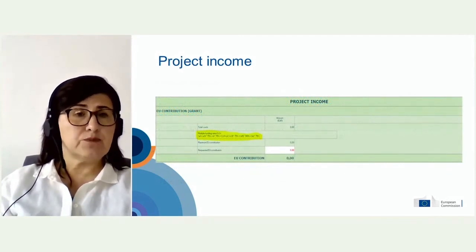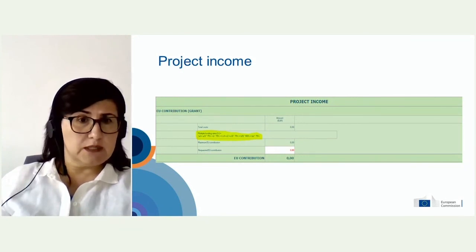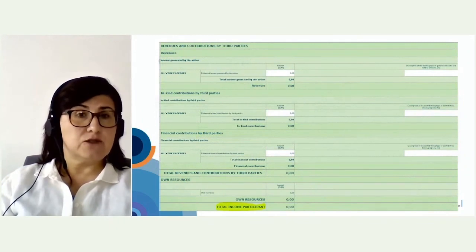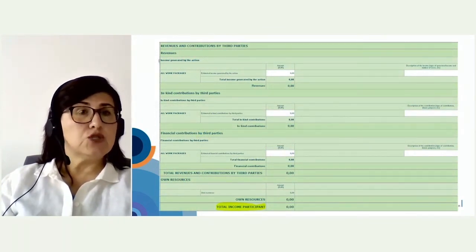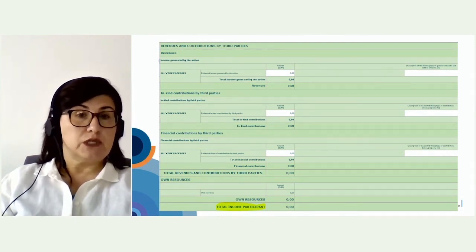Here you see the percentages will be automatically calculated for the EU grant. And then in this part, at the end of the detailed budget table, each participant will indicate how it counts to cover the costs of the project apart from the EU grant.